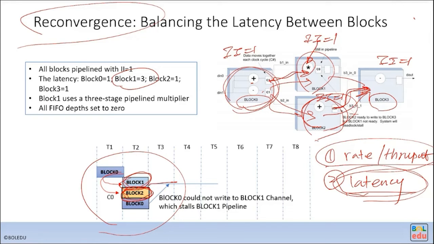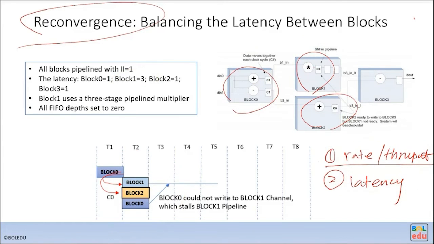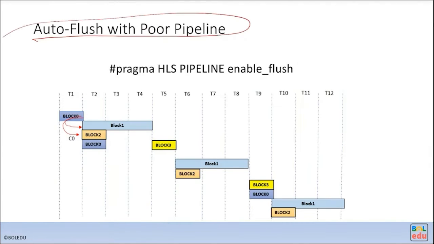So the first thing you want to do is make sure block 1 can flush the data and continue doing the pipeline. In this case, you insert the pipeline enable flush. When you enable flush, block 1 can proceed.